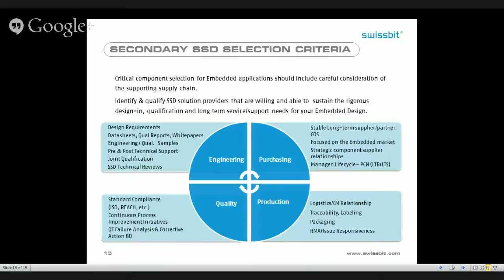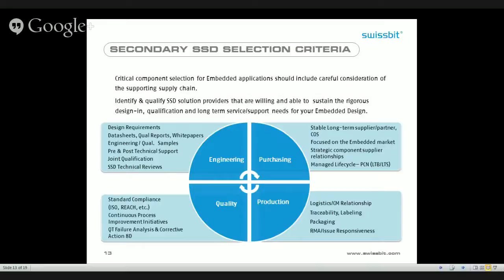You want to identify and qualify an SSD solution provider that is willing and able to sustain the rigorous design-in, qualification, and long-term service support needs for your embedded design. You want someone that's going to be there after the sale. And that selection process not only includes engineering, but purchasing, quality, and production. All those disciplines should be considered in selecting that supplier.